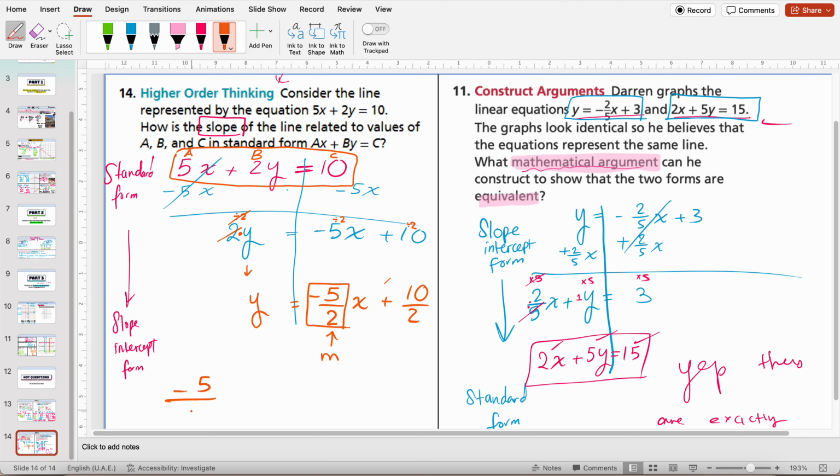Negative 5 over 2 is basically negative, the 5 was A over the 2 was B. So always, always, always in any standard form, if you want to find the slope like this, just take the A and B, divide them, put negative sign. It should be negative A over B. This is the slope. Always, always, always. So this is very tricky.